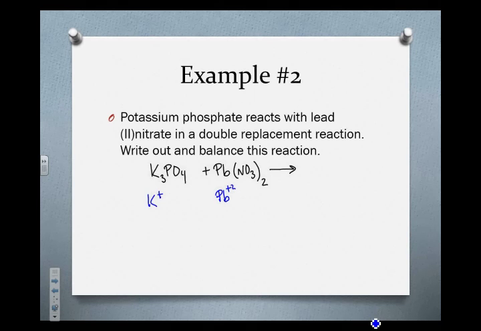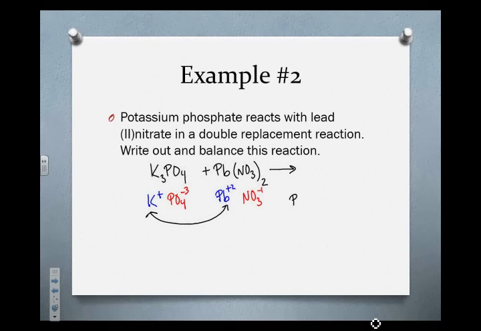Sometimes students want to know, since it's a transition metal, if something exciting happens in the products. The lead pretty much just stays +2. My nonmetals here are the phosphate ion and the nitrate ion. So I'm going to pair my lead up and swap it with the potassium and pair it up with the phosphate, and the potassium will be paired with the nitrate.